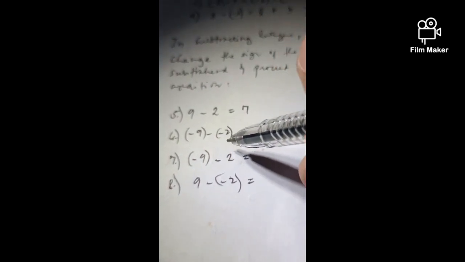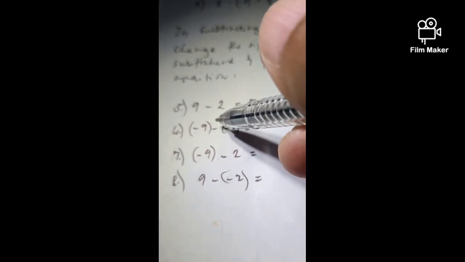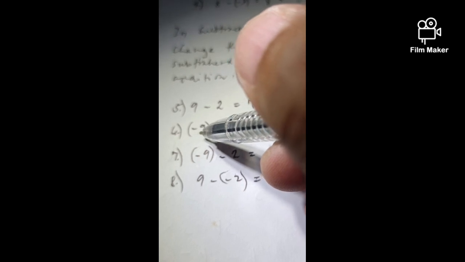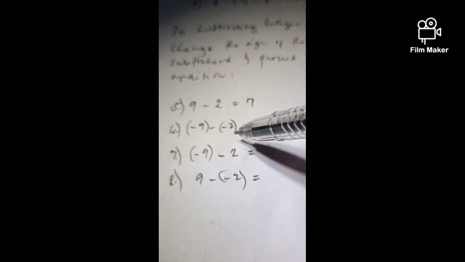So, sa isip natin, dapat ginagawa natin itong positive. Then, ito ay magiging addition. So, we have negative 9 plus positive 2 sa isip natin. So, that is what? Negative 7.